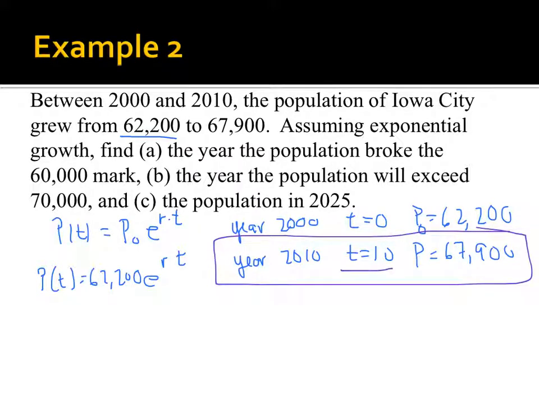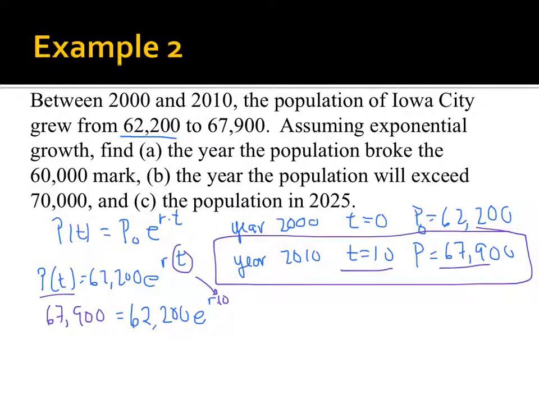When t is 10, P is 67,900, which means in this model I can replace the P of t with 67,900 and the t with 10. When I write this out, I get 67,900 equals 62,200 e to the r times 10.